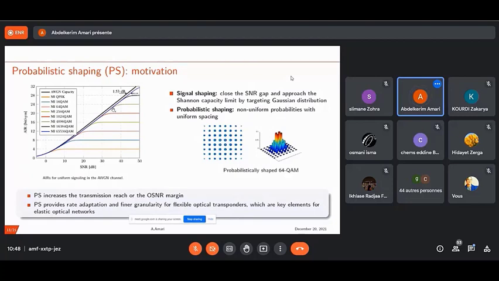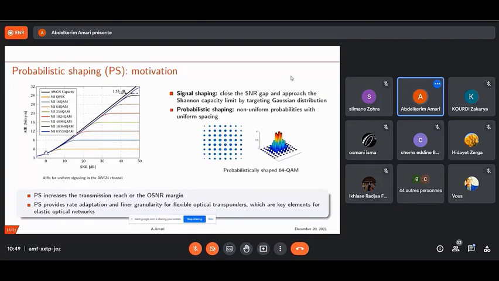If we look at this figure here, the black line is the AWGN capacity, and then we have different QAM modulation formats considering the two polarizations for the fiber channel.